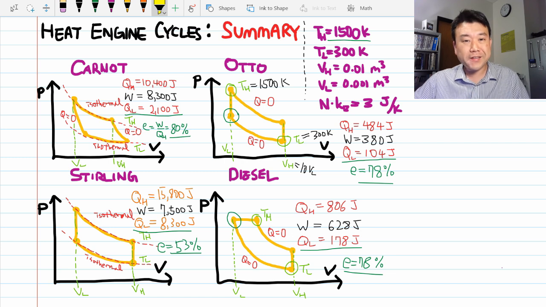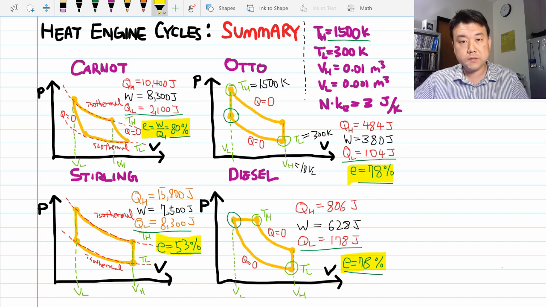So those are the numbers. I want you to pay particular attention to these, the efficiency numbers. As you look at them, what I'm hoping you will glean is that there's a pattern here. The efficiency for the Carnot cycle is greater than the efficiency for any of the other cycles.